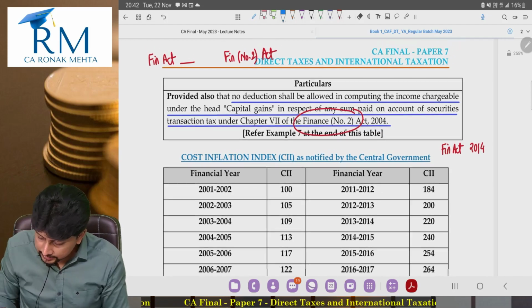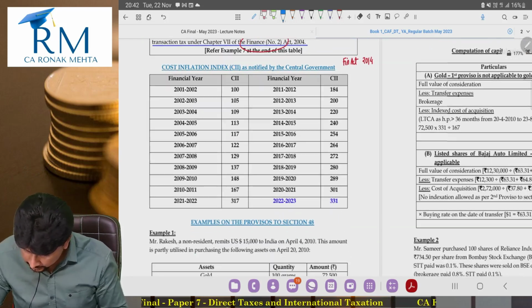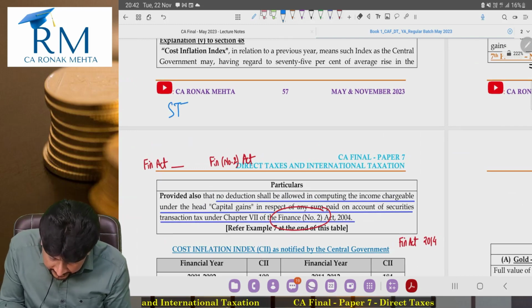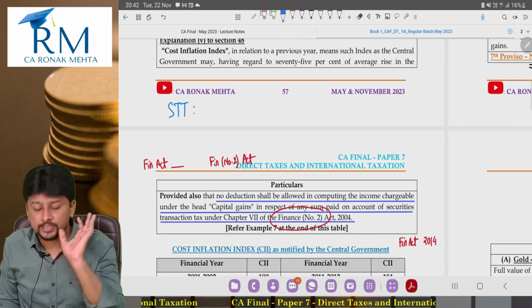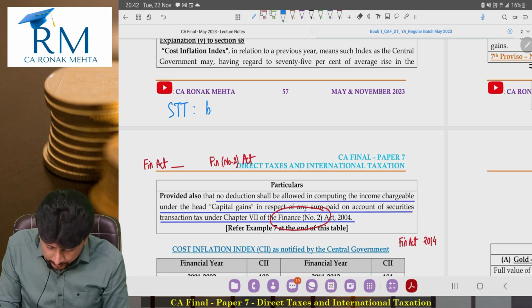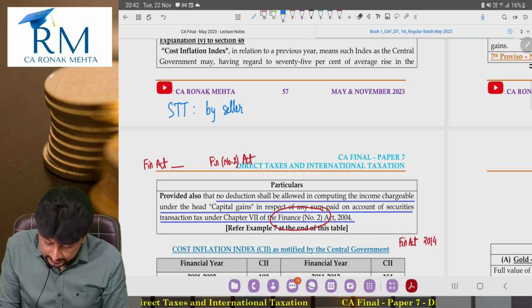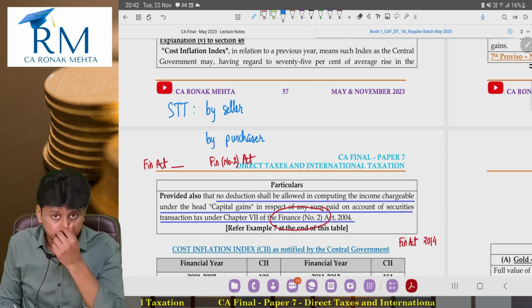Let me write something relating to STT. STT, Securities Transaction Tax, is paid by the seller, but at the same time beta, it is also paid by the purchaser.